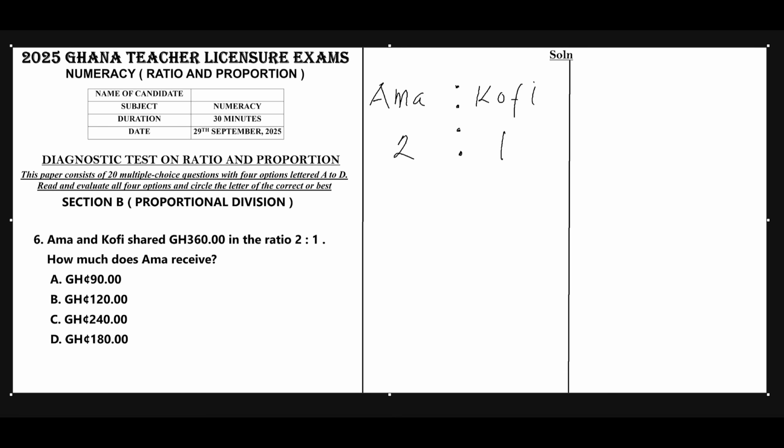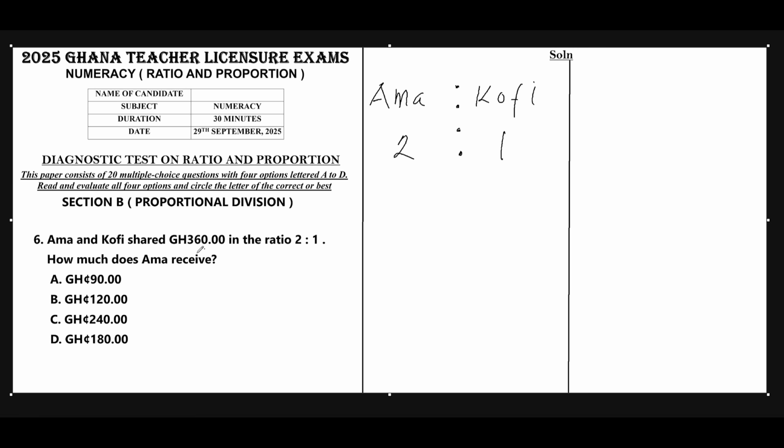Now, one thing about proportional division is that you always need to find a given ratio that goes with the item given in the question. With this particular question, the item given here is 360 Ghana cedis. And this 360 Ghana cedis represents the total amount of money that was shared between Ama and Kofi.